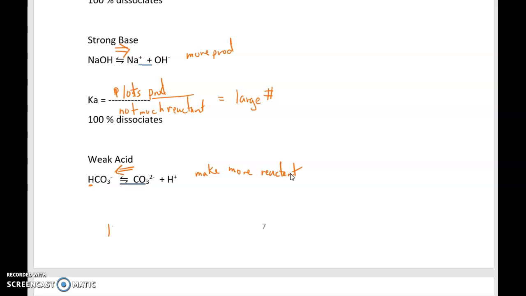That translates with our Ka in that we have not much product and a whole lot of reactant, and that makes this number very small.